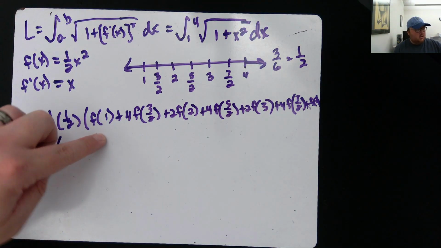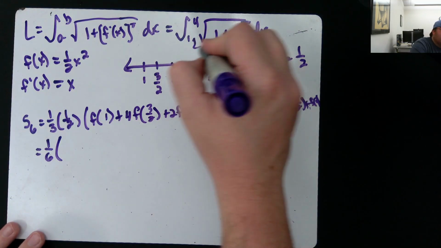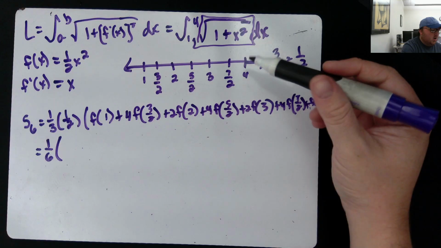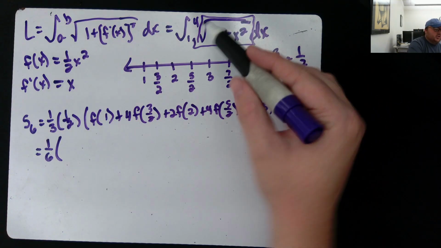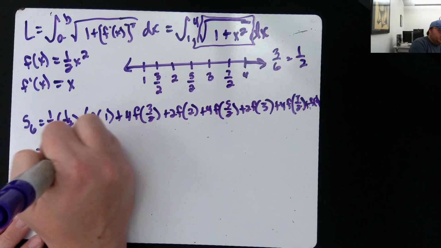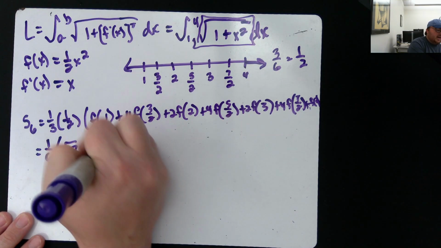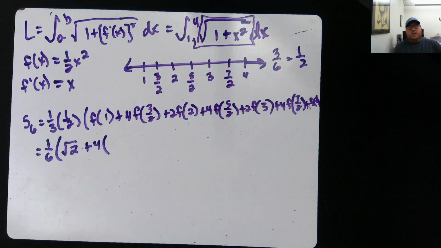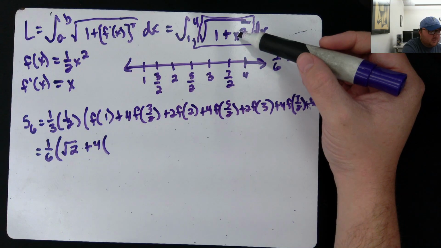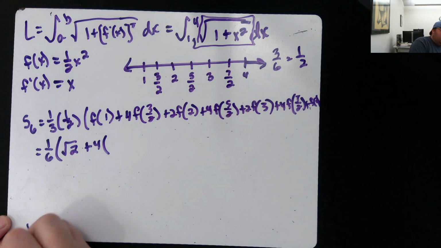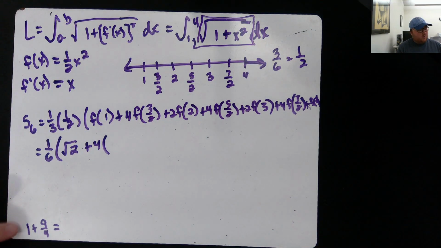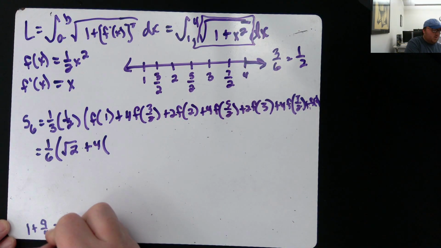F of 1, so the function I'm going to use is this guy inside of here, square root of 1 plus x squared. 1 squared is 1, 1 plus 1 is 2, so that's the square root of 2, plus 4 times f of 3 over 2. 3 over 2 squared is 9 over 4. 1 plus 9/4 is 4 over 4 plus 9 over 4, which is 13 over 4.